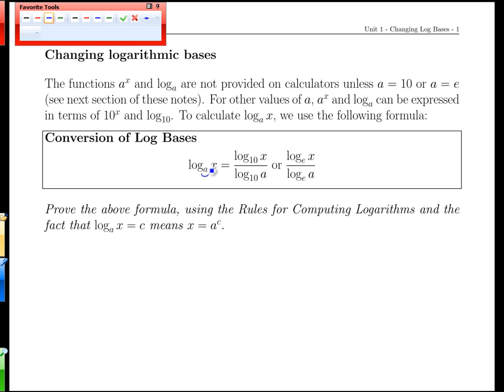Let's just quickly prove that, just using the relationship between logs and exponentials. So let's let the value we want be equal to c. Okay? So c is the value we want.